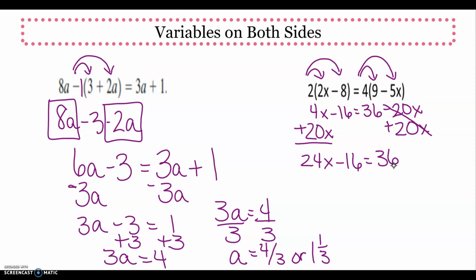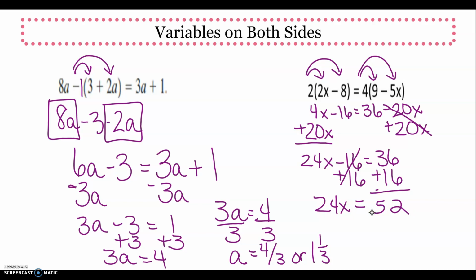I moved my variable to the left, so I'm going to move my constants to the right. Notice how I'm keeping everything lined up neatly. I know that this cancels, and I'm left with 24x equals 52.